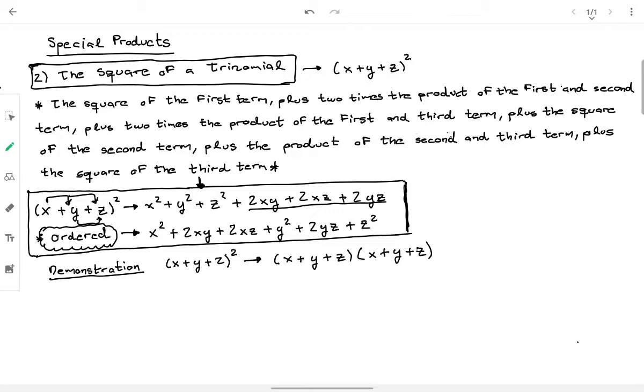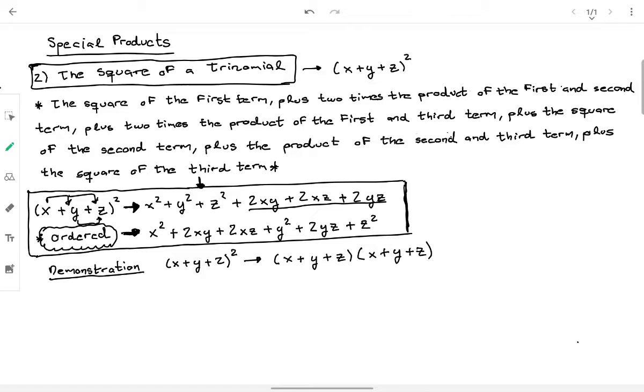But the correct order is the one that is on the text, because of alphabetical order and descending order of powers. But we can remember that it will always be all the terms squared plus 2 times all the combinations of letters. So let's see the demonstration of this one.